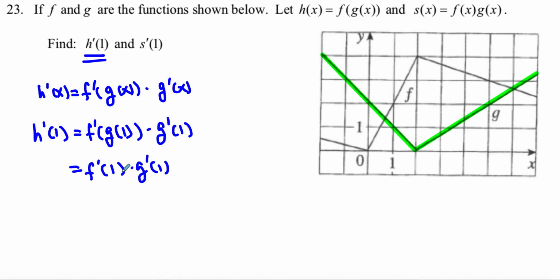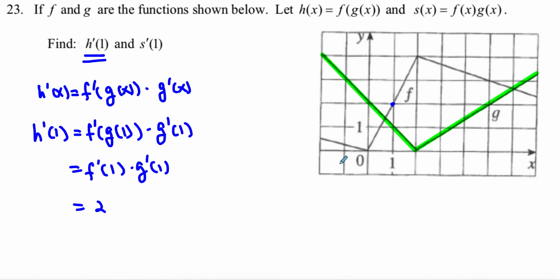The f prime of 1 is the slope at that particular point. At this point, as it moves to the right, it goes up by 2. So we know the slope here is equal to 2.